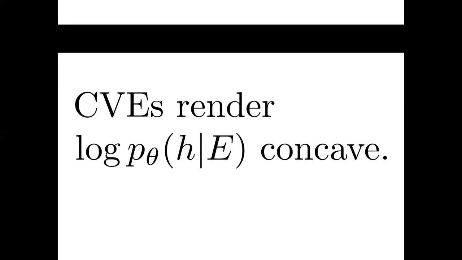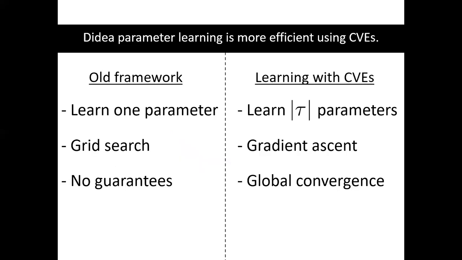After deriving this class of functions, we plugged CVEs into DIDEA to streamline its training framework and make it far more efficient, and we expanded it to learn far more parameters. To summarize this trade-off, we have the old training framework for DIDEA on the left, and the new framework contrasted on the right.